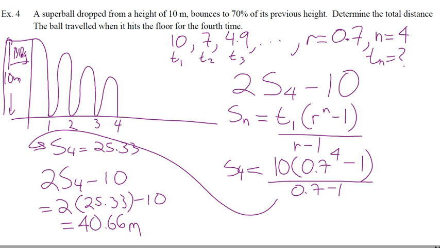So put units on. Here's when you don't need units: if it says the distance the ball traveled when it hits the floor for the 4th time to the nearest 100th of a meter, then you don't need units because we already put the units in the stem. However, it's better to always put units so you're not worried about whether they put units in the stem. I'm just always going to write the units.